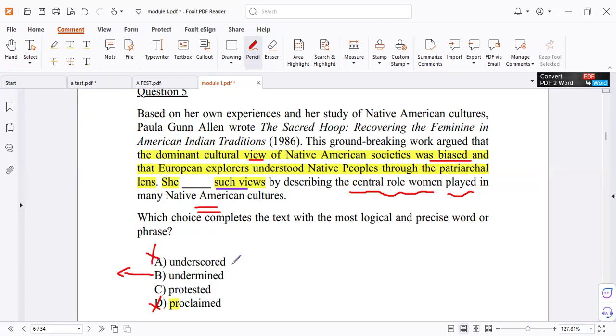So she protested. The protest doesn't make sense. You see, that means she protested such views. Protested is like going against something, it has the sense of fighting against. Protest an injustice or an unjust law, but not here. So it does not make sense in this context. Undermined means to weaken, to prove that something is wrong.